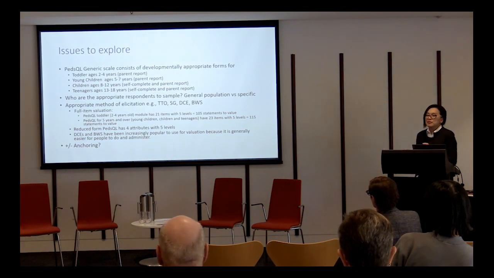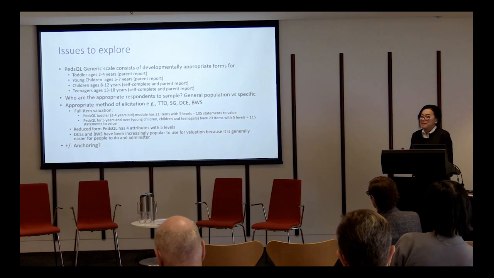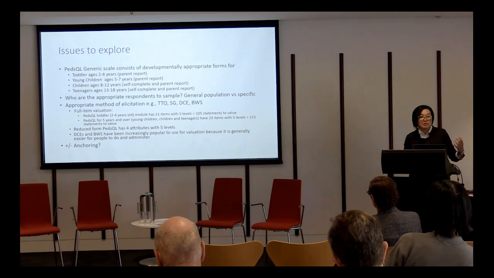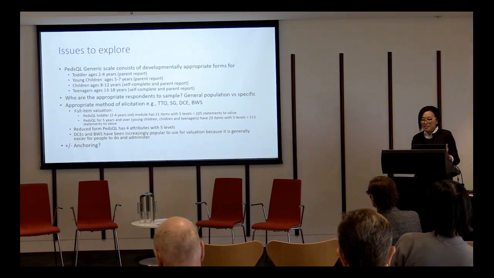That would require different elicitation methods, because we can't do a time trade-off or a DCE with such a large number of items. So what we decided to do was a best-worst survey.